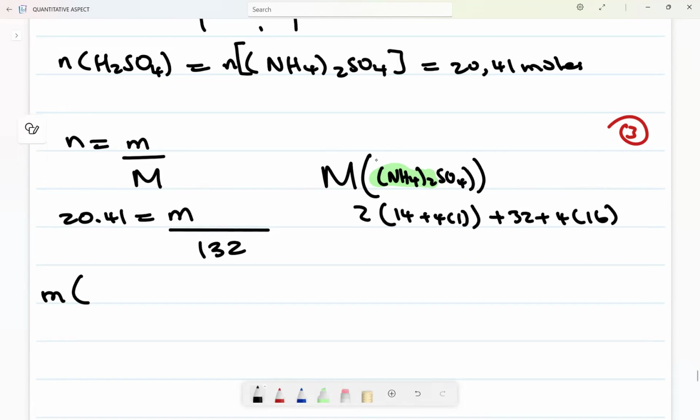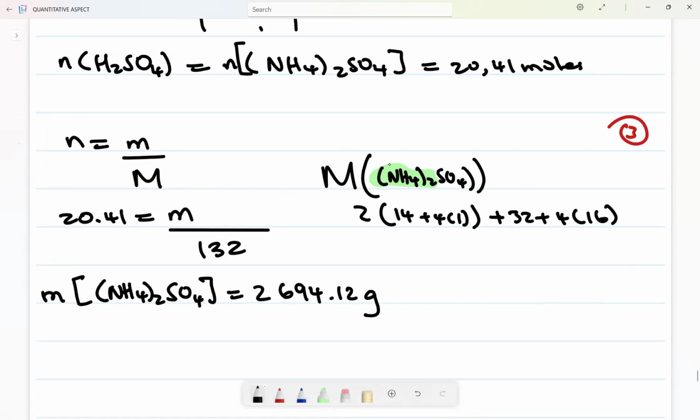Then the maximum mass of ammonium sulfate is 132 multiplied by 20.41. It is something like 2,694.12 grams.